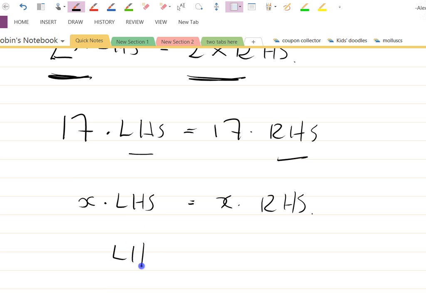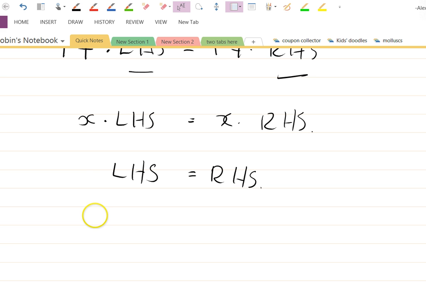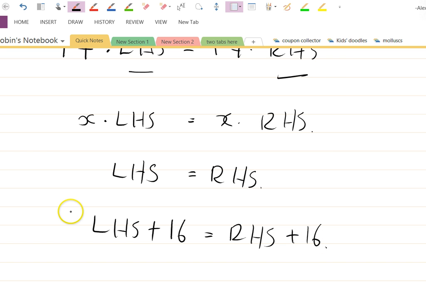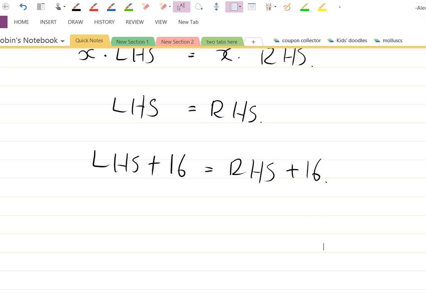I can use the same kind of logic to say this. If the left-hand side equals the right-hand side, then the left-hand side plus 16, let's say, equals the right-hand side plus 16. Again, even when I'm doing the most complicated mathematics in my research, I still think of myself having something in my left hand, something in my right hand.